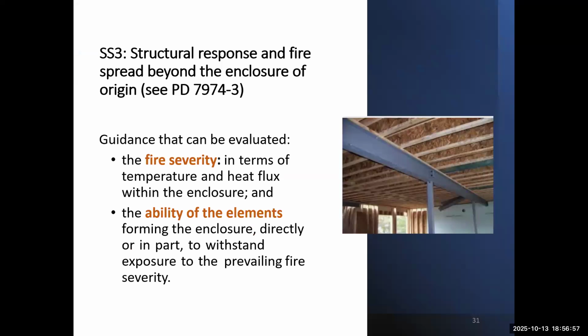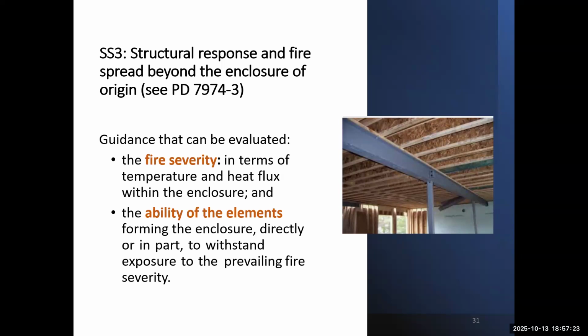And then we will discuss subsystem 3, which is for the structural response and the fire spread beyond the enclosure of origin. So let's make it practical. You can imagine a fire in a modern office building with an open plan floor. Firstly, we must evaluate the fire severity.